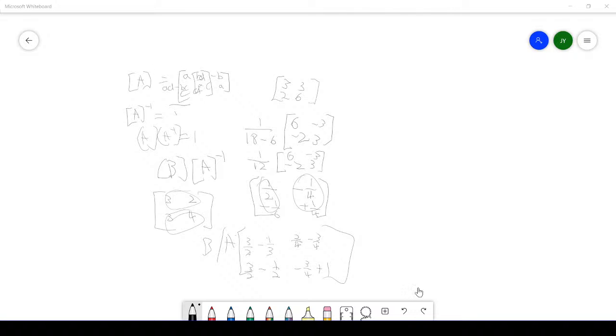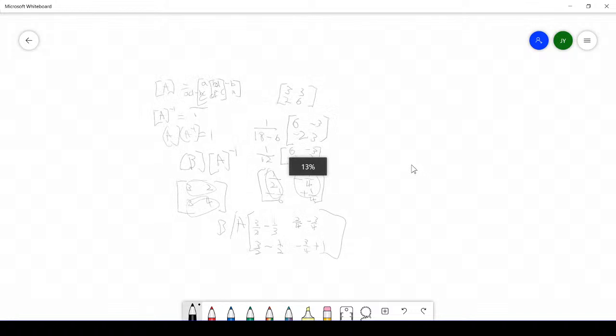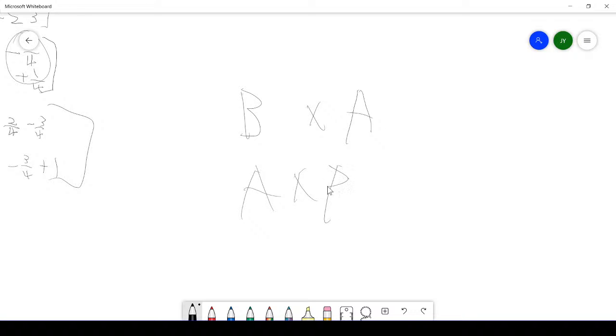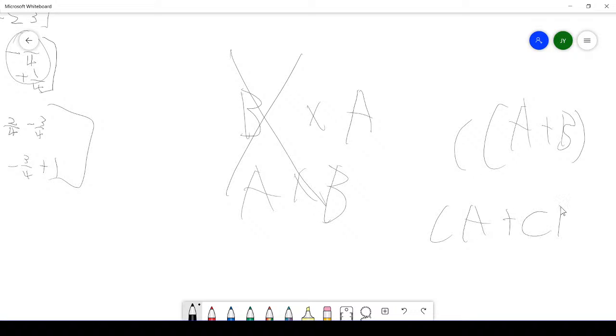The main thing to gain from this is the concept that when you multiply matrices, order matters. B times A is not equal to A times B when they're both matrices. The distributive property still applies: C(A plus B) does equal CA plus CB.